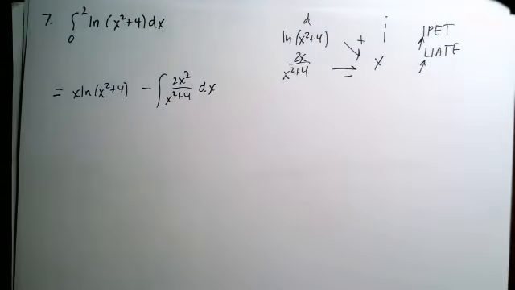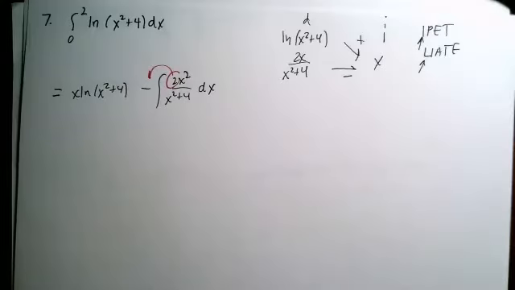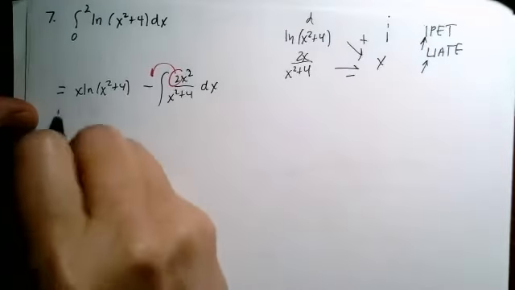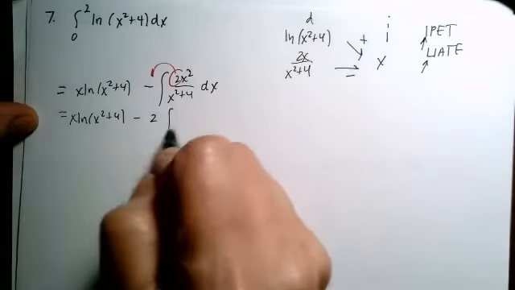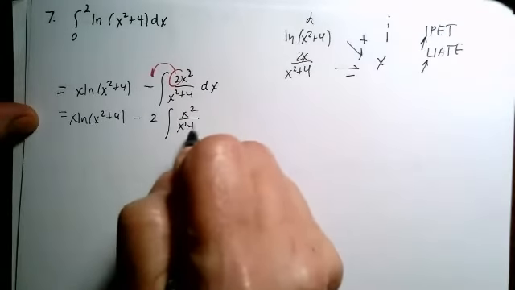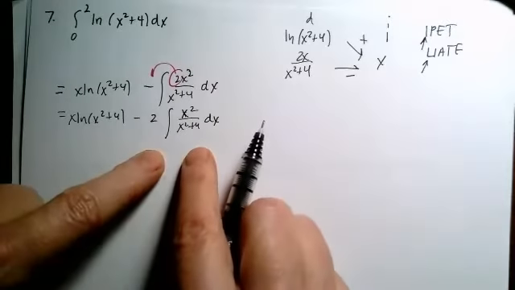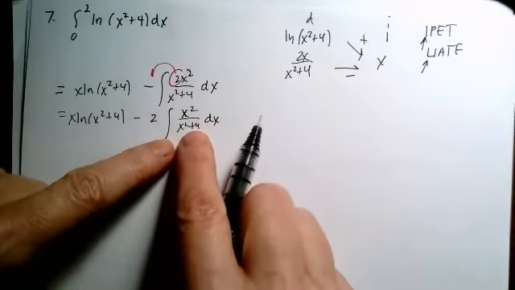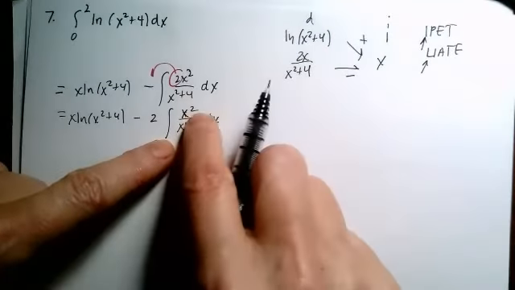What I'm going to do here is pull out the 2. Now I'm going to do something tricky. Yeah, that's x squared. 2x times x is x squared.